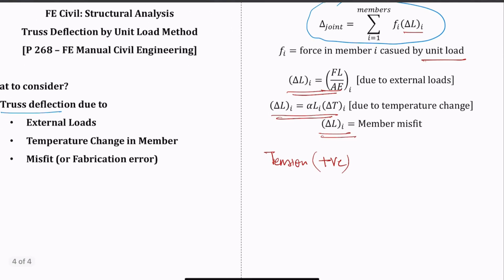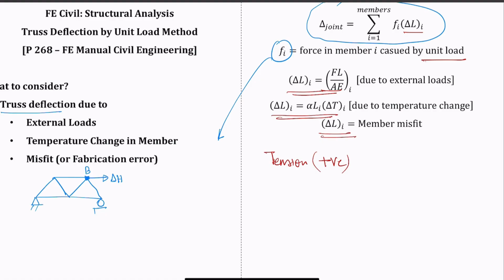Okay, so the first thing, let's talk about small f. What is this small f? Let's say that you have a beam, or you have a truss, and you are interested to find a deflection at this joint B, and you want to find the delta H. Okay, so how much is the horizontal deflection at the joint B?